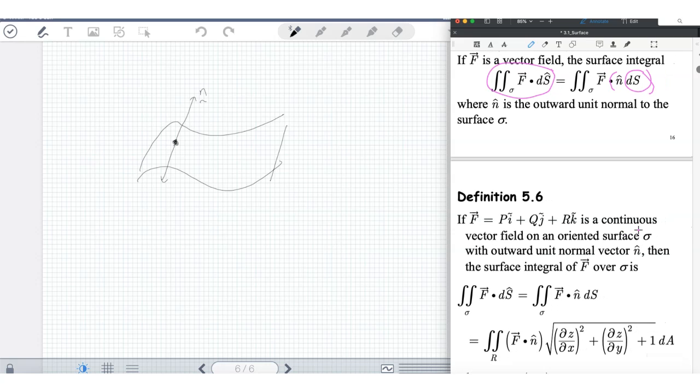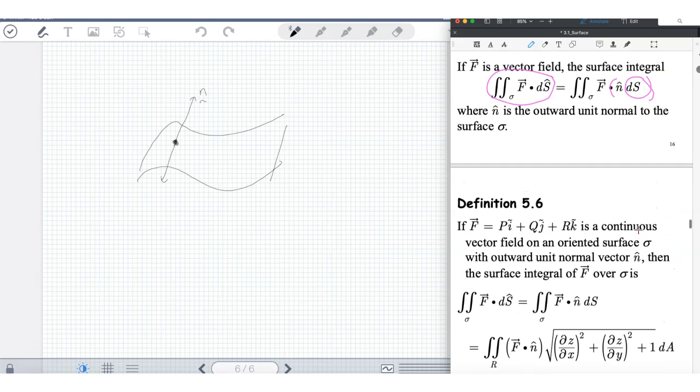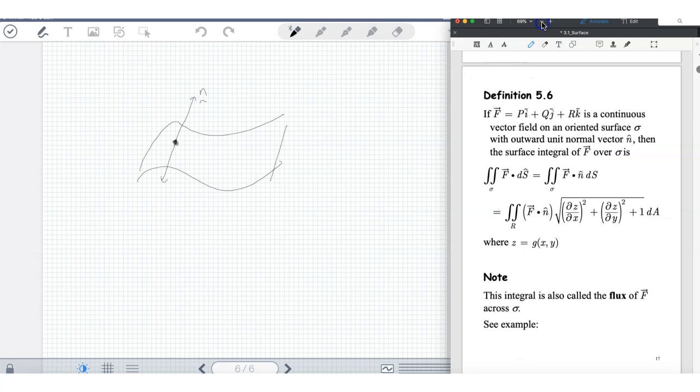So in general, when we are looking at the definition 5.6 here, if we use the formula of dS that we apply for the surface integral for scalar field, in this case we apply the same. So dS is the square root of z_x squared plus z_y squared plus 1, if your surface function is z in terms of x, y, okay.